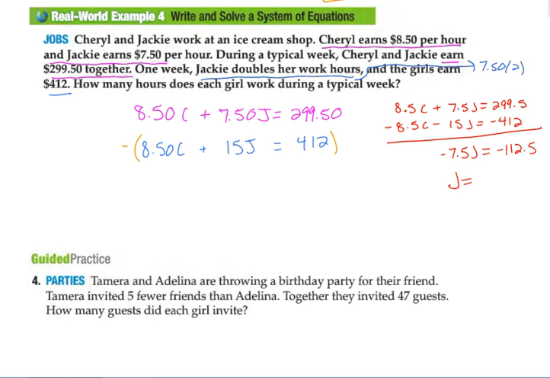So Jackie works 15 hours. Okay, knowing that, let's go ahead and plug in that 15 hours for Jackie. And let's figure out how much Cheryl worked. So we have 8.50 for Cheryl plus the 7.50 per hour. And we know that she worked 15 hours. We know that that's 299.50.